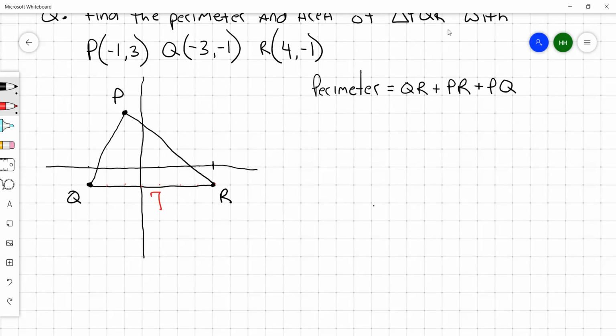So here, your Q to R, that's 7, plus. Now you need your P to R. Here's P, negative 1, 3. R is at 4, negative 1. We're going to use P twice. So let's go x1, y1, x2, y2.